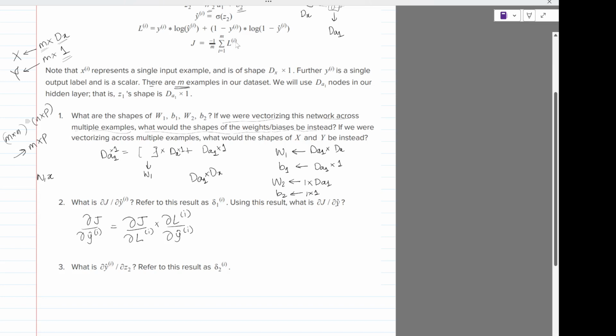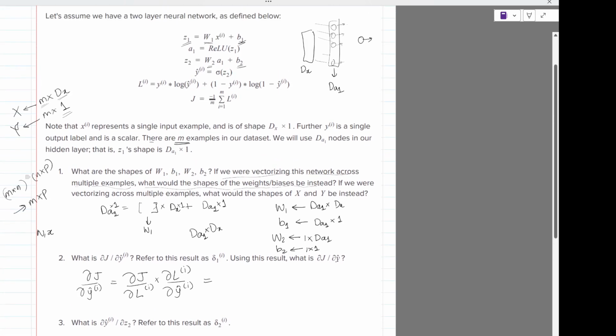For all the other terms, for j not equal to i, the partial derivative will be 0, so we consider only the ith terms. Now del li by del yi you need to compute, and you'll get that from here. For cross entropy, I think I just directly use a formula. Wait a sec.